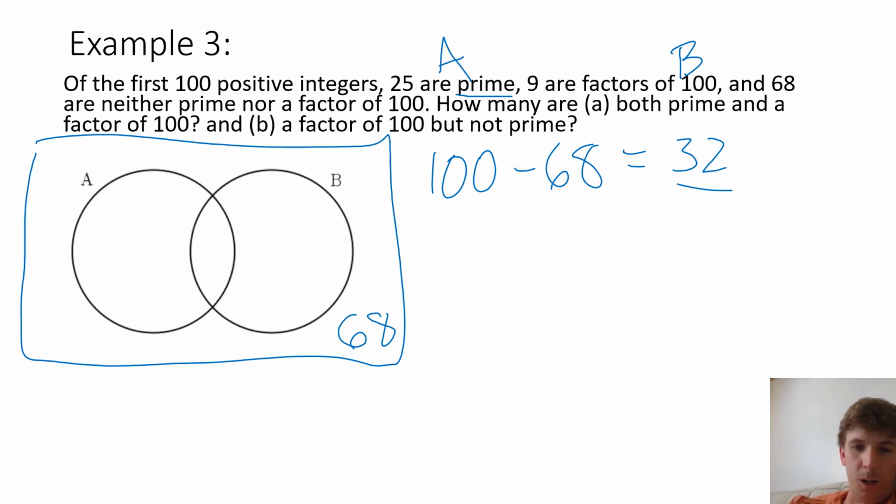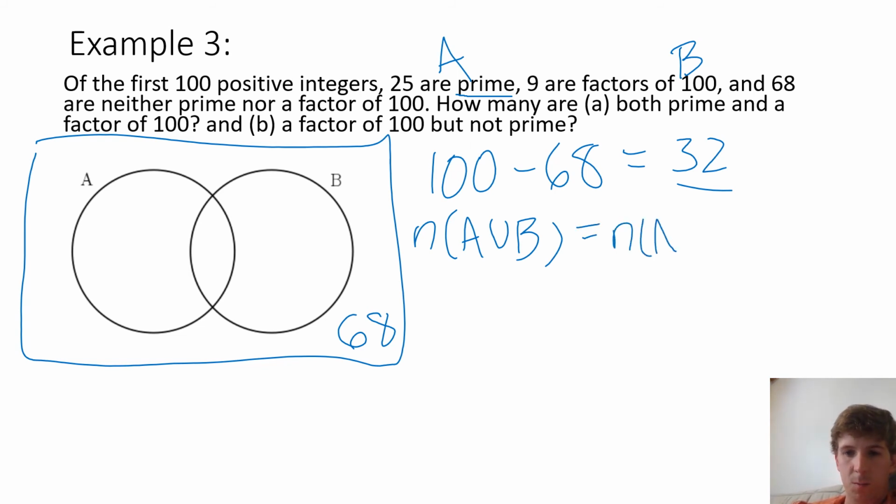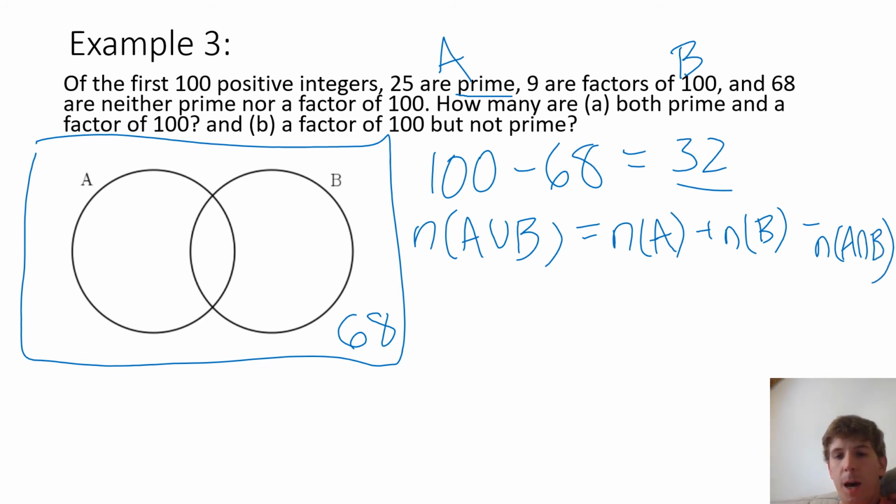In other words, that's the number in A union B. And we can use that inclusion-exclusion principle. We know that's the number in A plus the number in B, subtracting out the overlap, A intersection B.